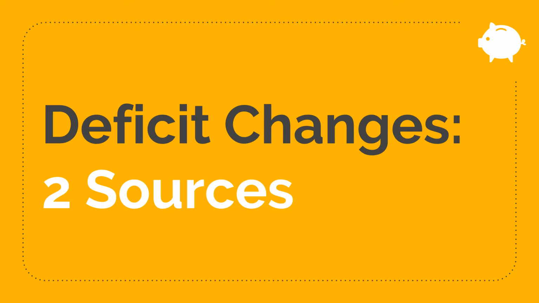We're engaging in fiscal policy. So we can either have a change in the state of the economy, just kind of natural, the economy has some things changing, and that changes the size of the surplus or deficit. Or we could do it on purpose, which is the second way. It's a change in discretionary fiscal policy. We do it on purpose.